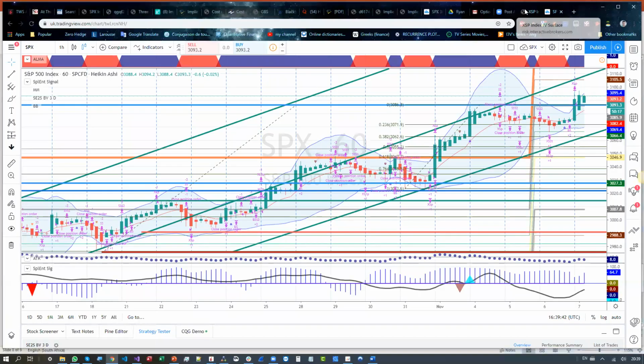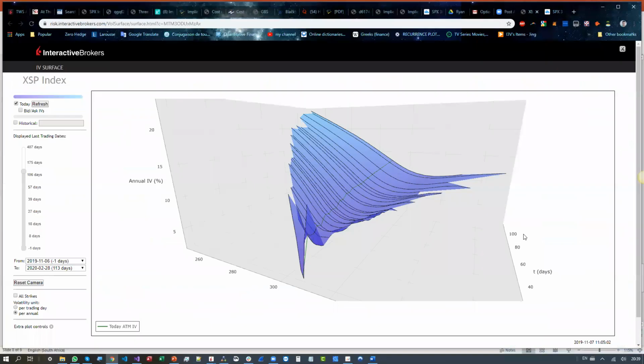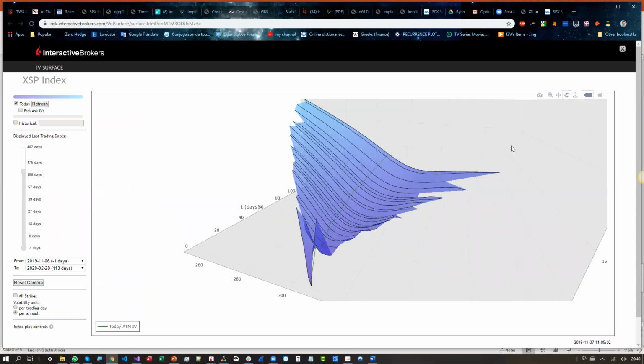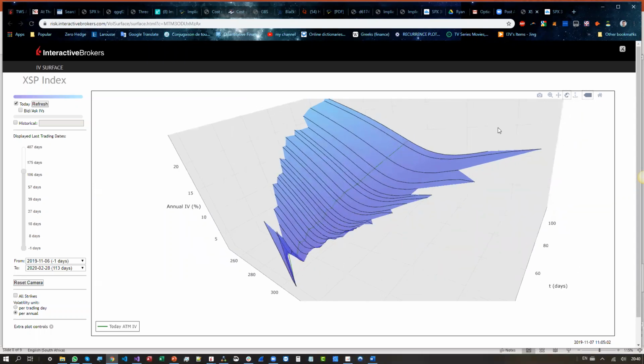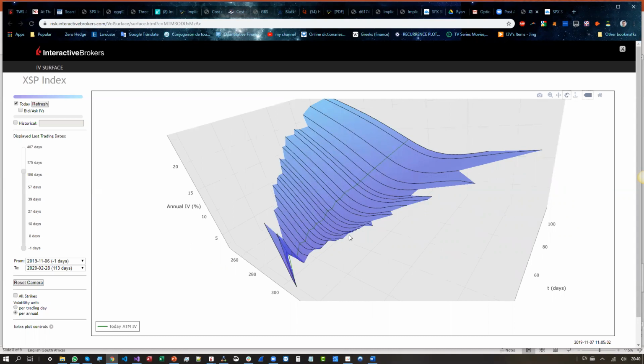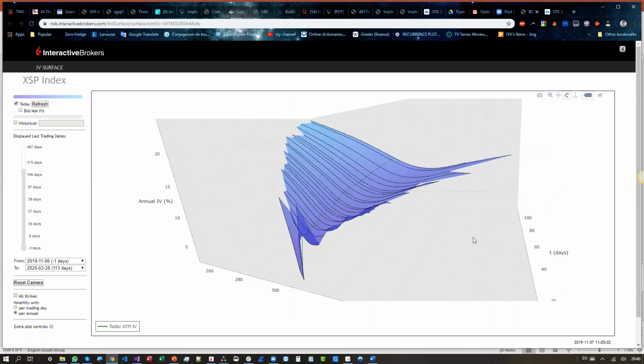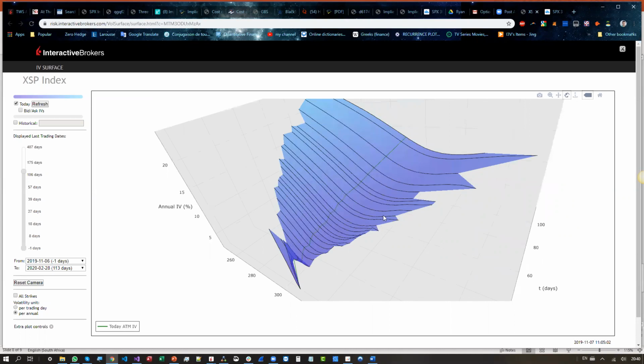This is the vol surface of XSP, which is the mini SPX. And I think I can turn it around with rotation. So that non-parametric regression may work, but it's not going to do a very great job. And as you can see, even IB, because it comes from IB, does not even sample it carefully. So it is roughly a parabola, and roughly almost linear time-wise, but it's not exactly it.